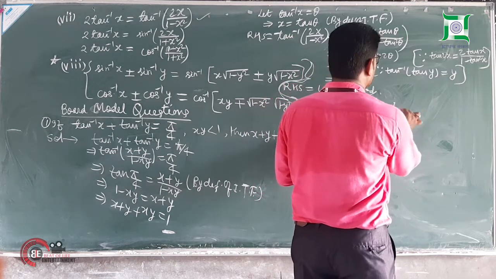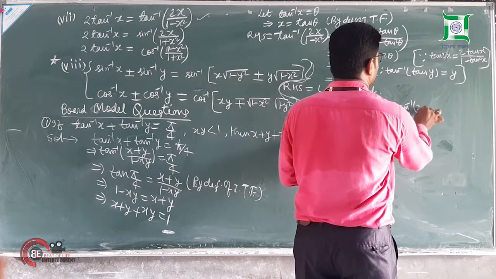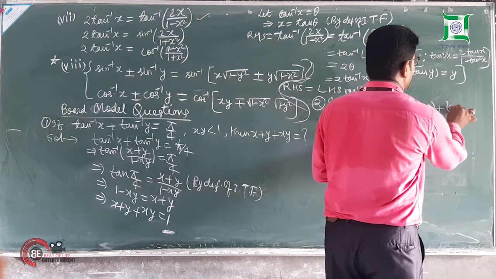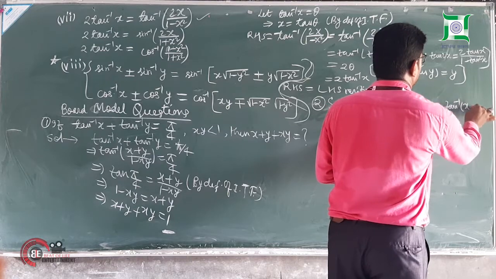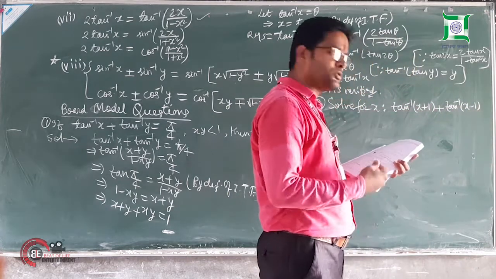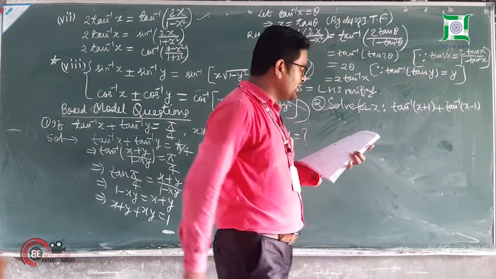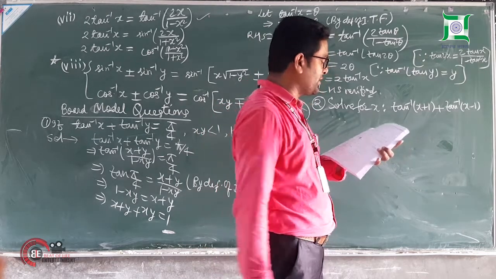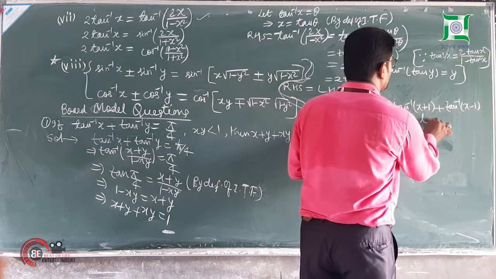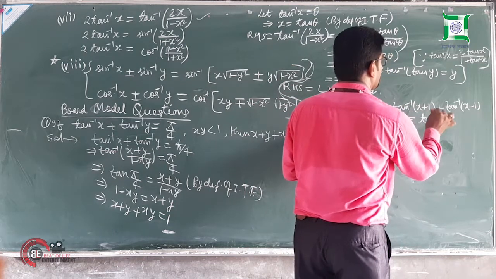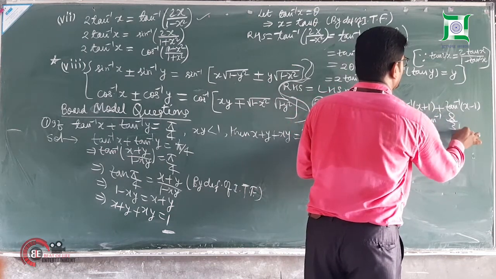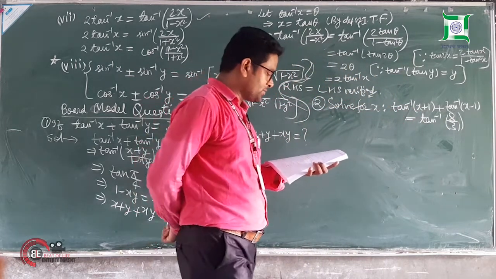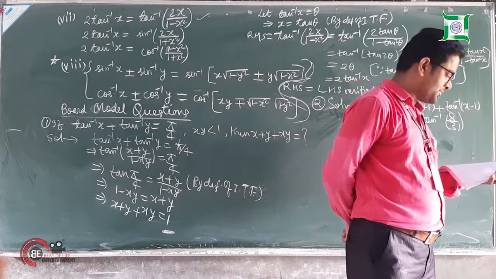It is tan inverse (x plus 1) plus tan inverse (x minus 1). Try to see this question. Tan inverse (x plus 1) plus tan inverse (x minus 1) is equal to tan inverse 8 by 31.